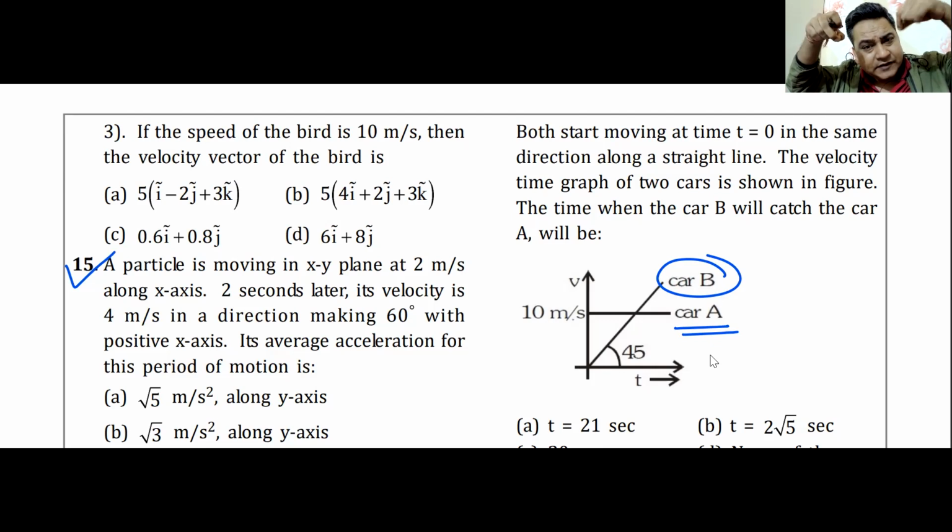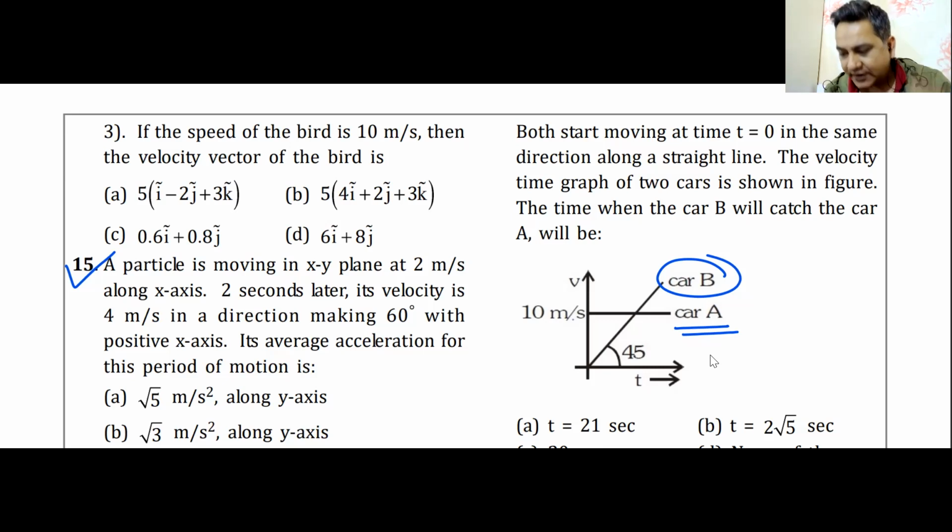This is car B. Initial velocity is 0. You have to find the velocity of car B with respect to car A. Initial velocity will be equal to velocity of car B minus velocity of car A. You will get the initial velocity of car B with respect to A. You know the displacement of B with respect to A. You know the acceleration of B with respect to A. You should be able to find out after how much time car B is able to overtake car A. Is it clear to everyone how I have done this?